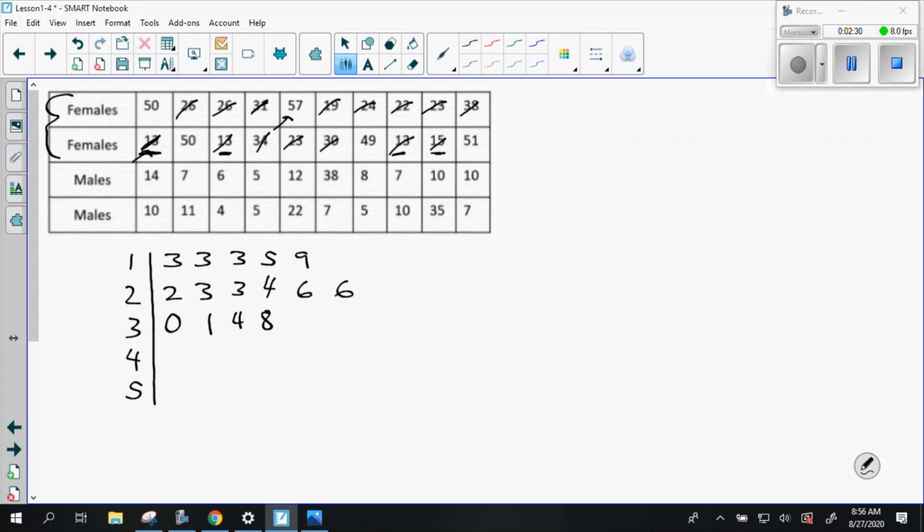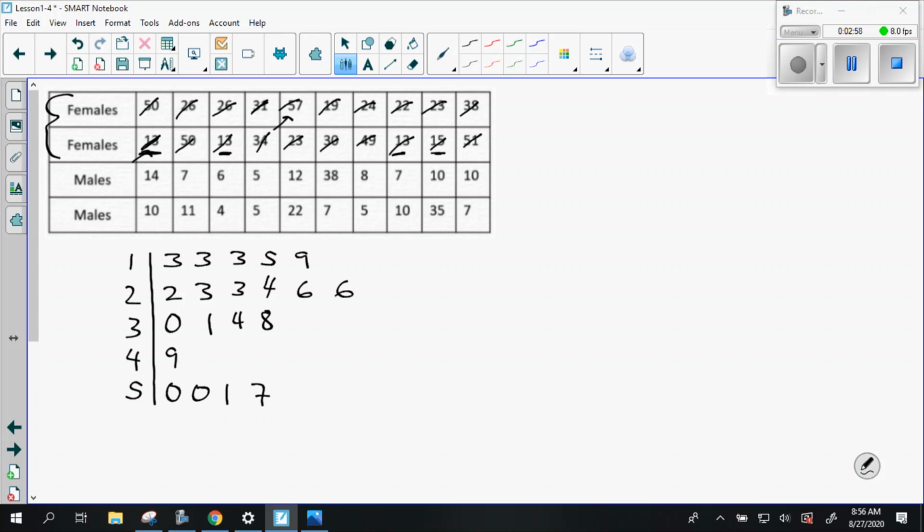And in the 50s, we have a 50, a 51. There's the 50. Ooh, there are two of those. And then a 51. And lastly, the 57.